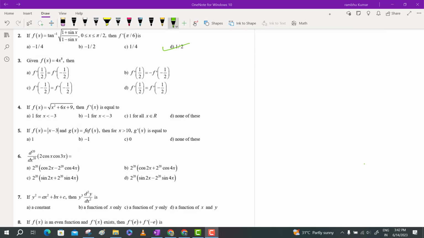So the next question we have is f of x equal to 4 x to the power 8, and f dash x is equal to 4 into 8 into x to the power 8 minus 1, which is 32 x to the power 7.